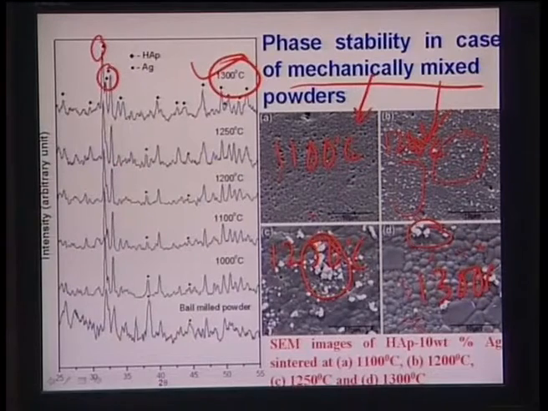Do you notice that bright silver phase? They are clearly distributed in the grain boundary region. At 1200 degrees Celsius, the silvers are homogeneously distributed as individual particulates, not essentially at the grain boundaries, but at different microstructural locations within the grains.